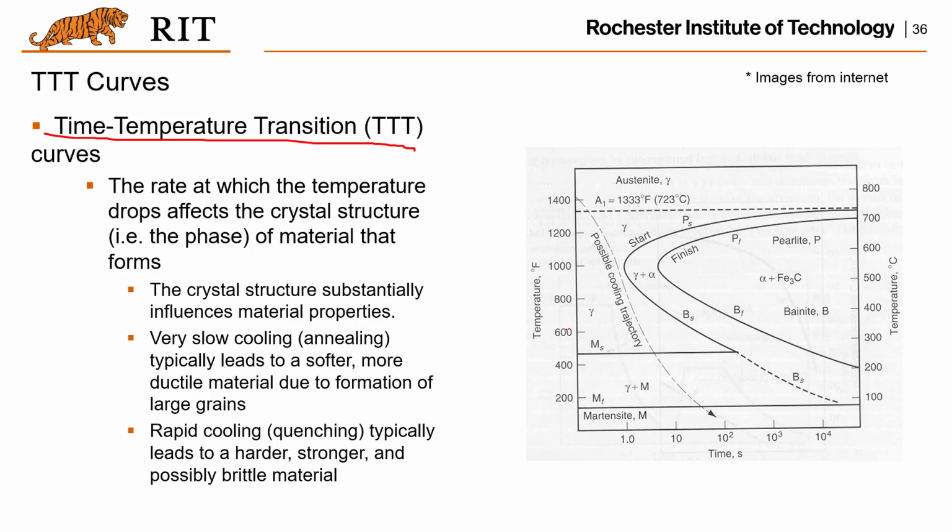Here, temperature is a function of time, and you can see different curves that show the different states of the same material under different cooling conditions. If you cool the part rapidly, it follows one curve, and if you cool it very slowly, it follows another curve, and you will have entirely different material properties.